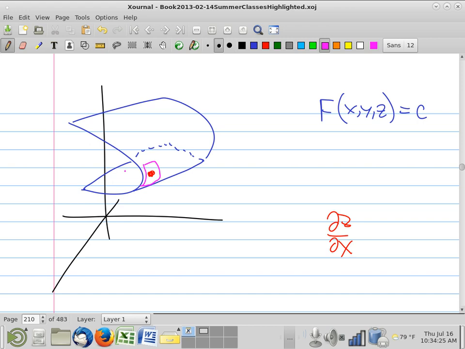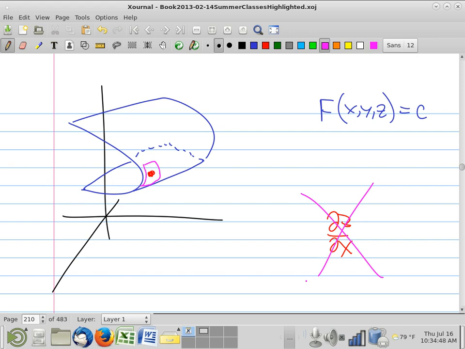In other words, how do I know I'm not at that point right there? Throwing away most of the surface is not an option. You can't throw enough away, and z at a point like that simply is not a function of x, and you absolutely cannot do that.